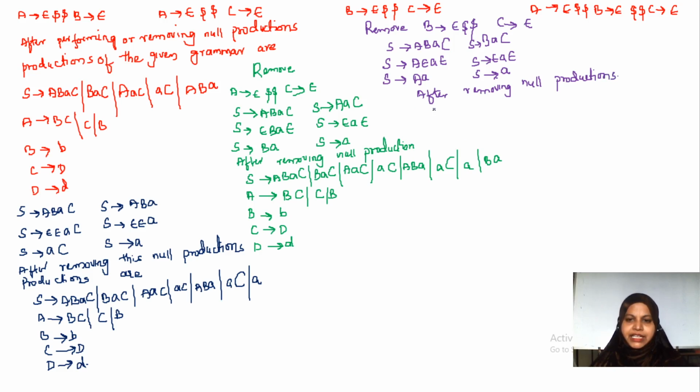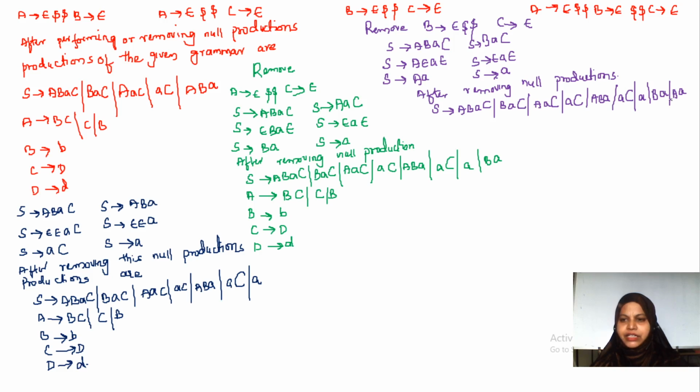S tends to A, B, A, C, B, A, C, A, C, A, B, A, C. Next B, A. Next A, already A is there.